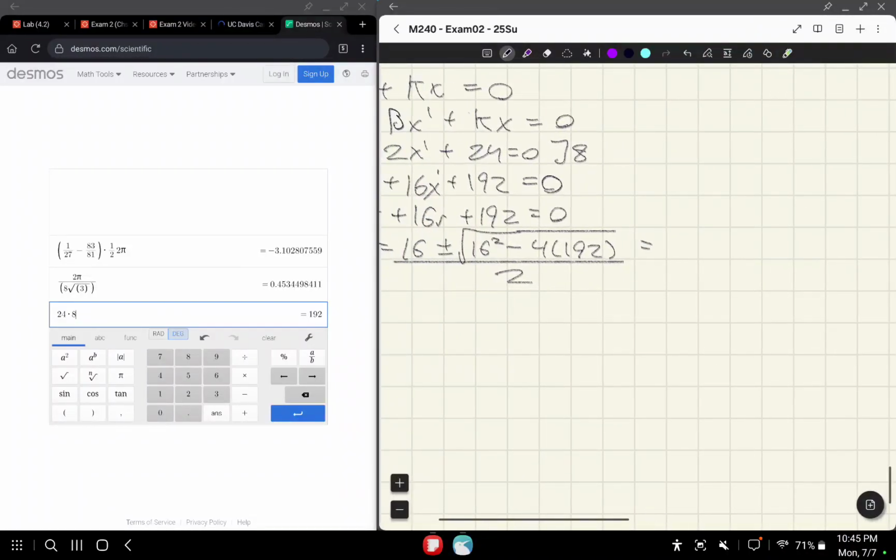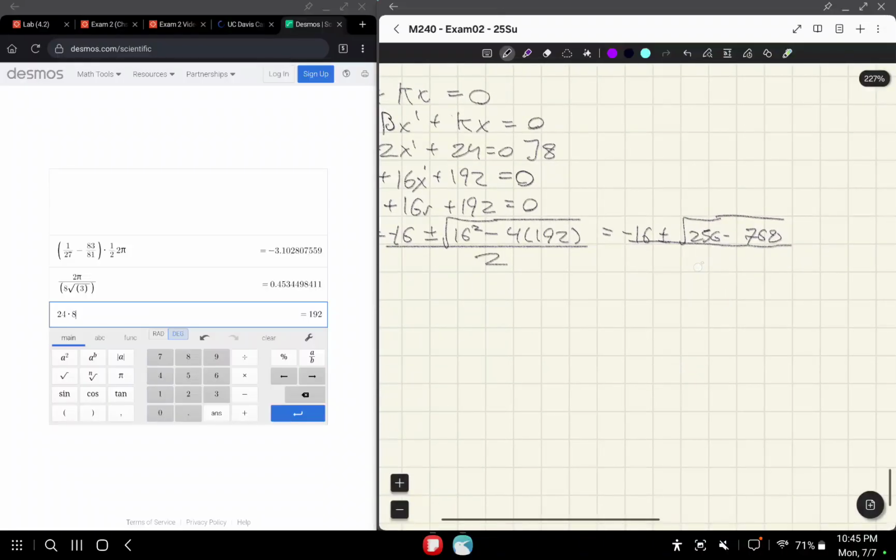This simplifies to negative 16 plus or minus the square root of 256 minus 768, over 2.